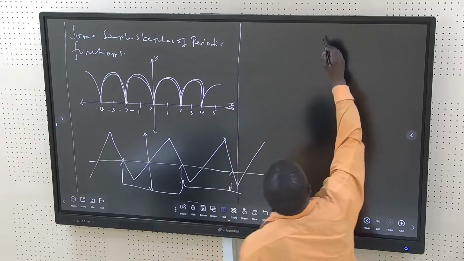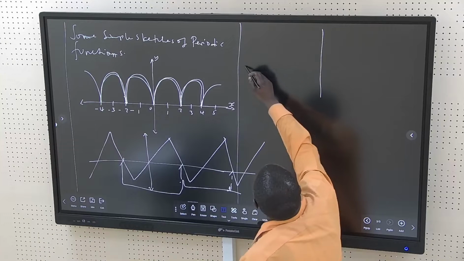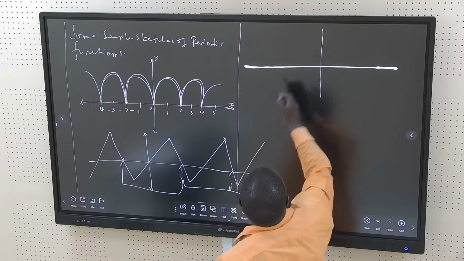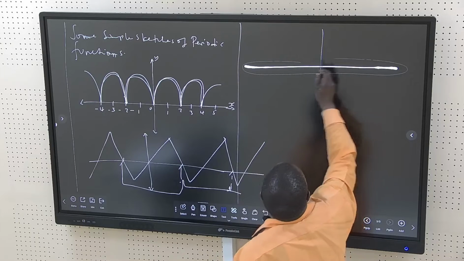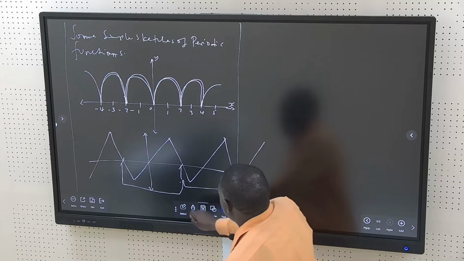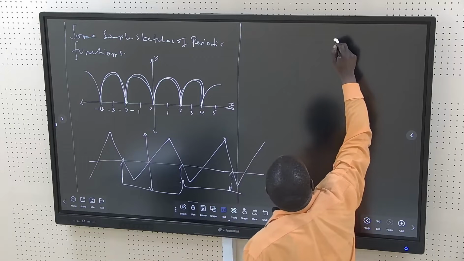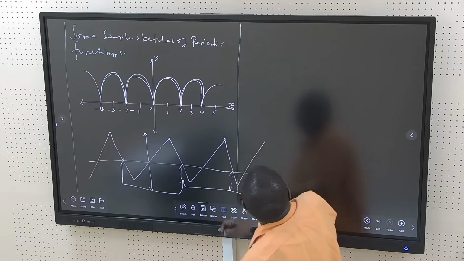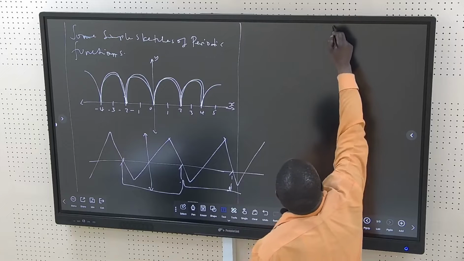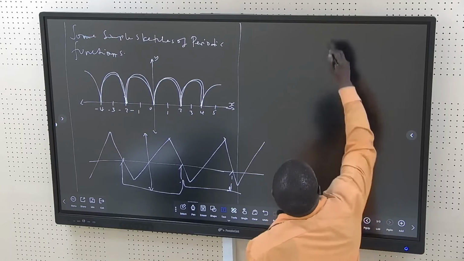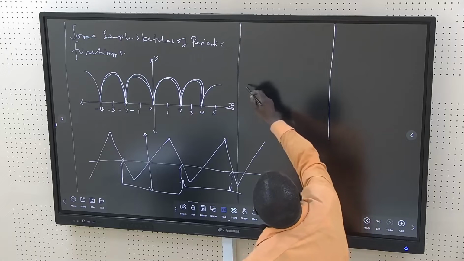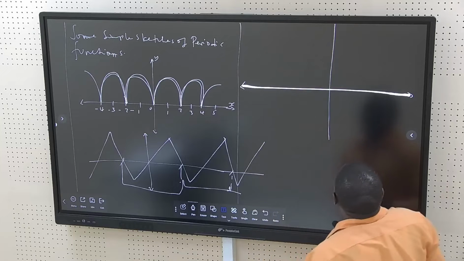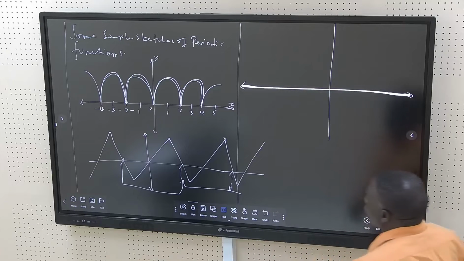Also, we can have like this one. We can have a curve like this one.